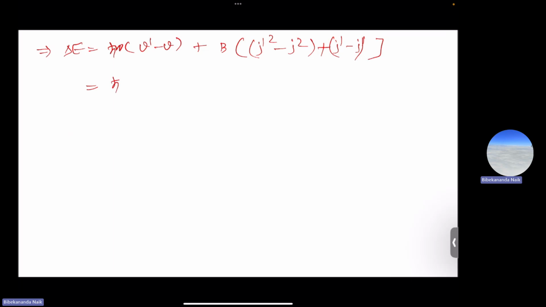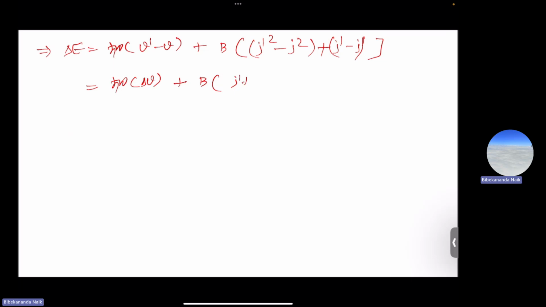So we can write it as ħωΔv + B, with j'² − j² applying the identity, it will be (j' + j)(j' − j).